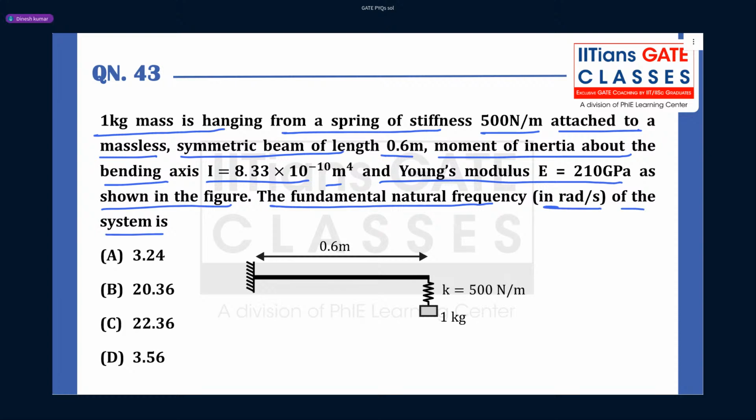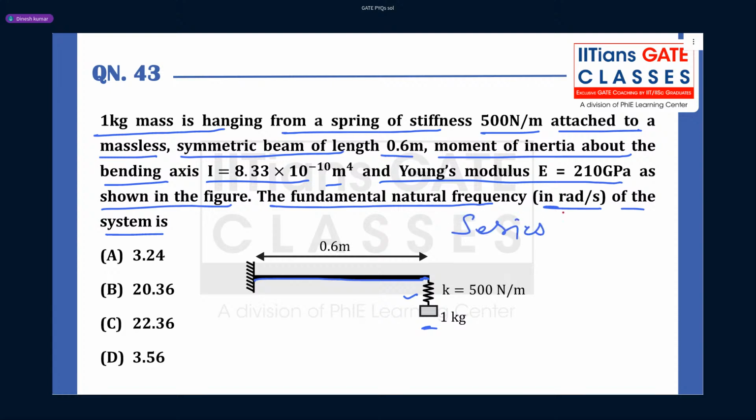So guys, first in this system what you see, there is a cantilever beam and at the tip of the cantilever beam there is a spring and then mass is connected. I am asking one simple question. This cantilever beam with spring is in what kind of combination, series or parallel?